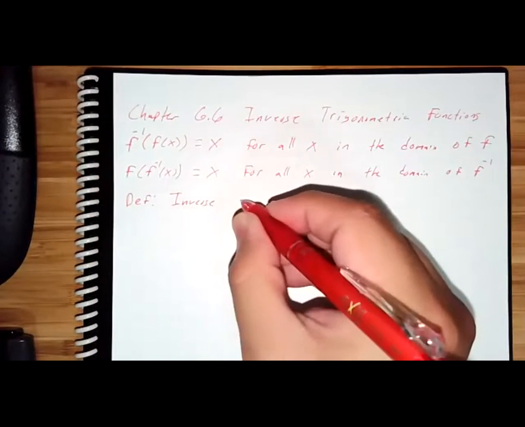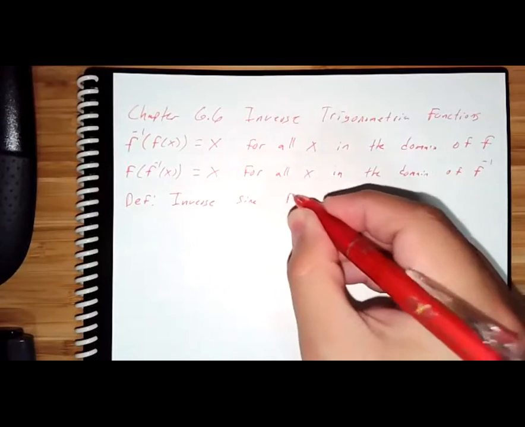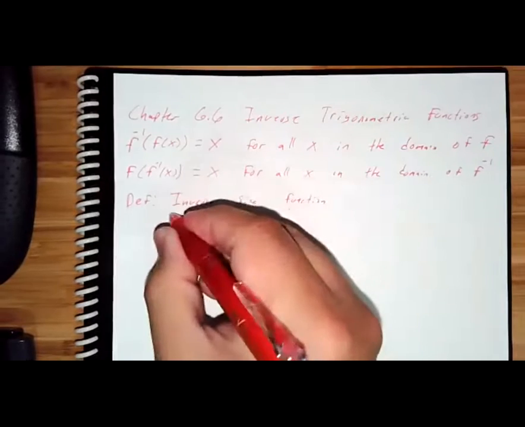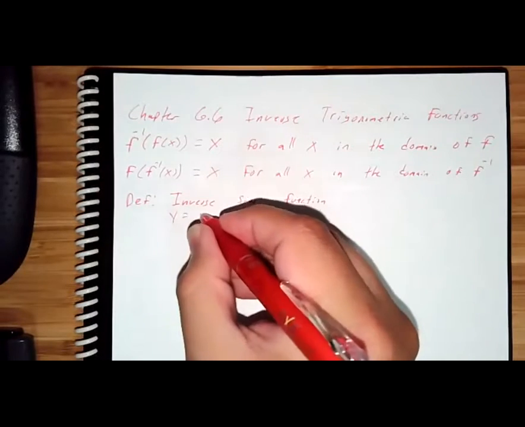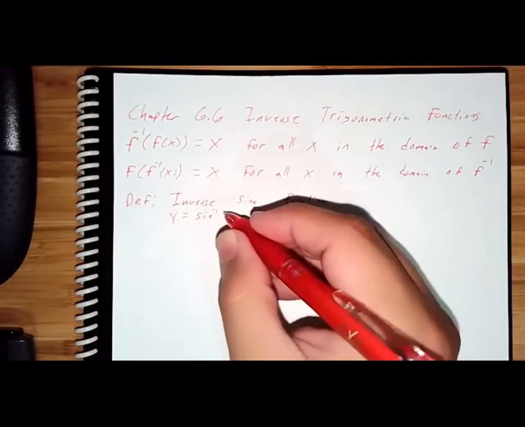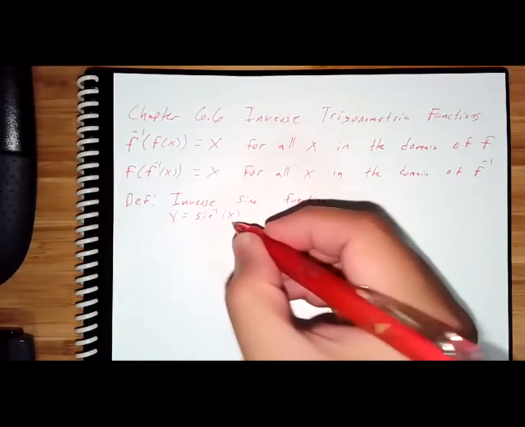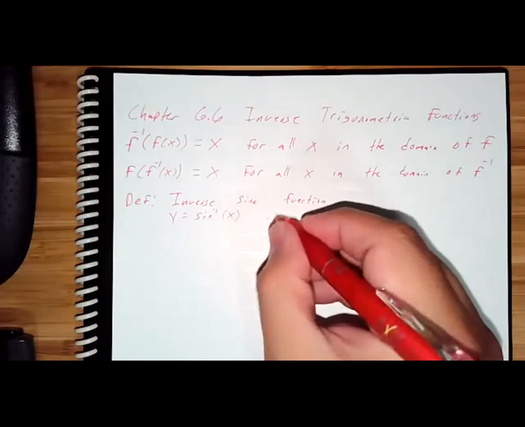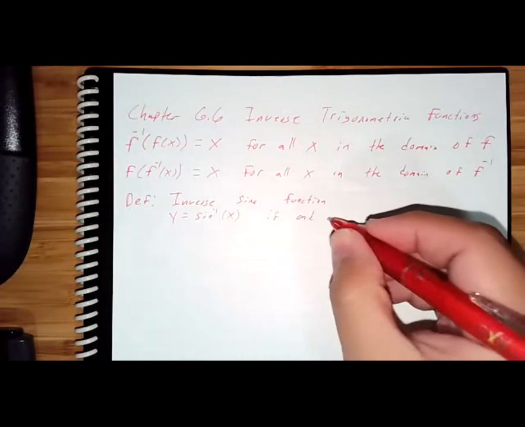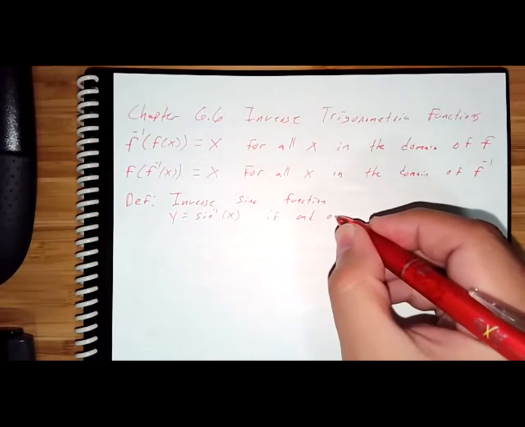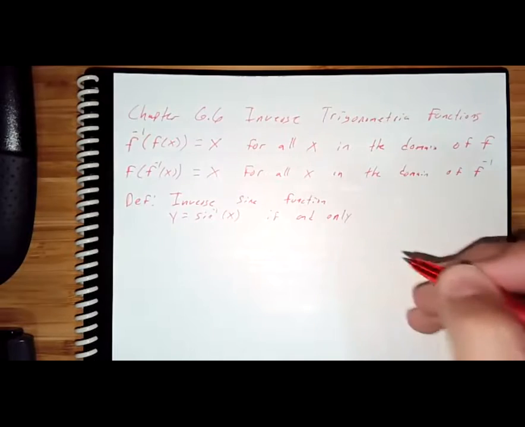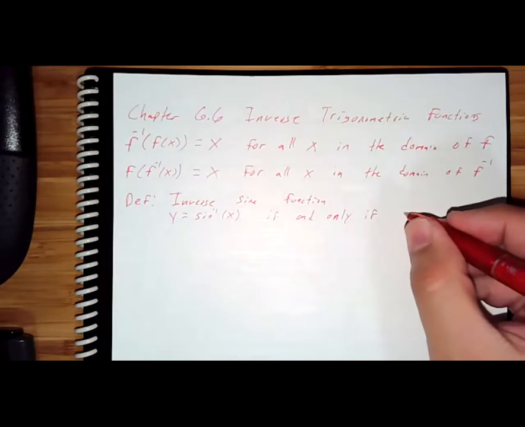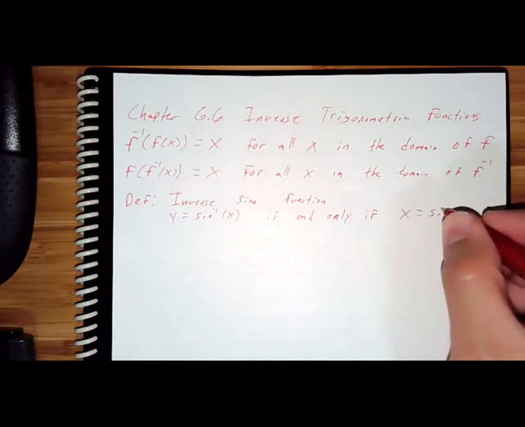So inverse sine function: y equal to sine inverse of x. So y is equal to sine inverse of x if and only if x is equal to sine y.